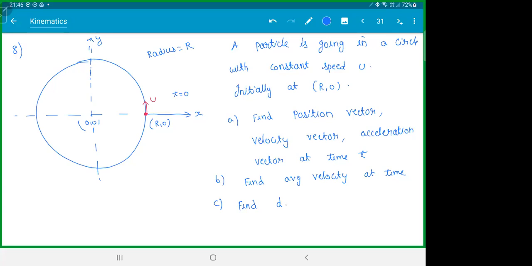Find d mod r by dt. Find d mod v by dt. Both are different. Don't get confused between dr by dt. Find d mod r by dt and mod of dr by dt, d mod v by dt and mod of dv by dt.